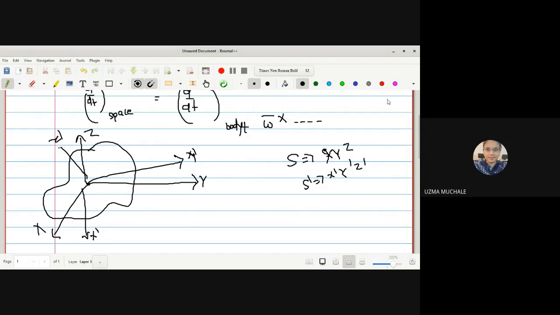Okay. Now, what are x, y, z? These are the space set of x's, and x dash, y dash, z dash are the body set of x's.